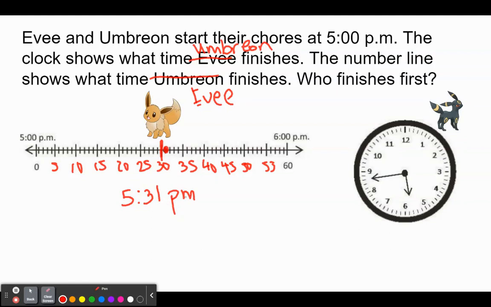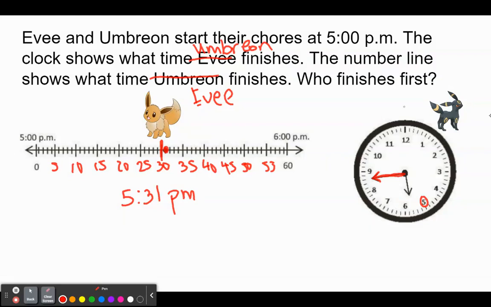That's when Evie finishes. So now let's look at our clock with Umbreon. So 5 o'clock is over here, right? And if we go through our minute hand, that's what's going to show us how many minutes we have, right? So we're not quite at 6.